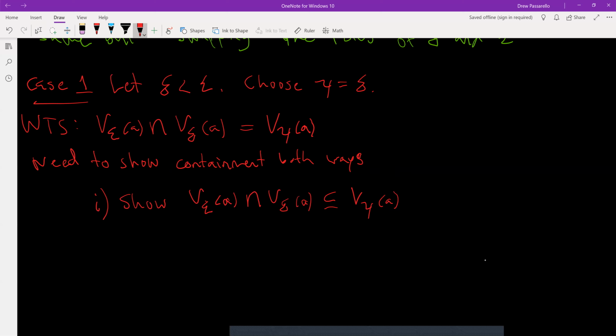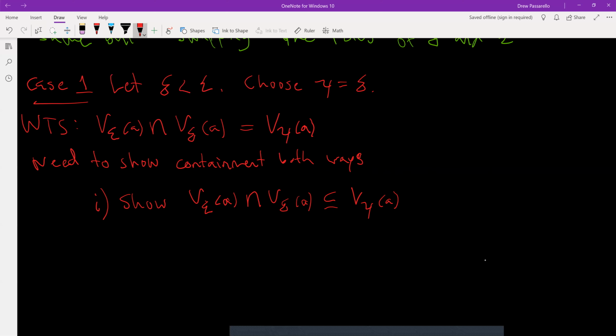If I show containment and then containment in the other way, then I could say their intersection equals the gamma neighborhood, for the appropriate value of gamma being equal to delta.